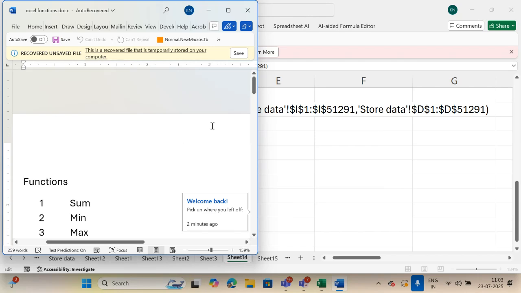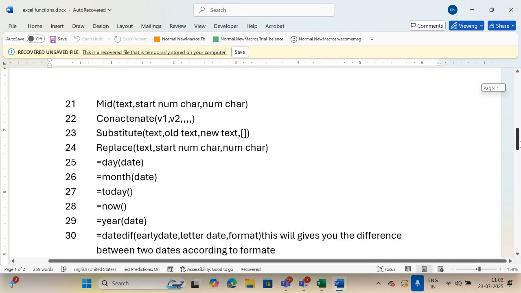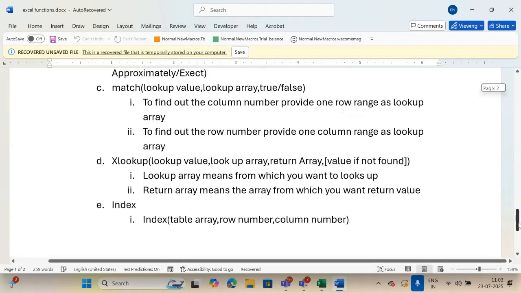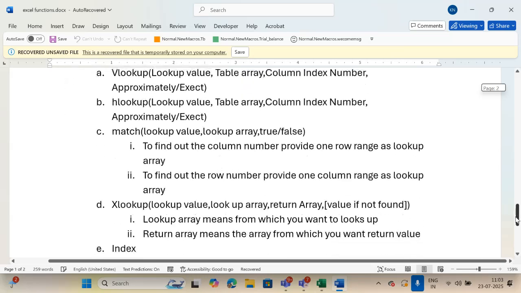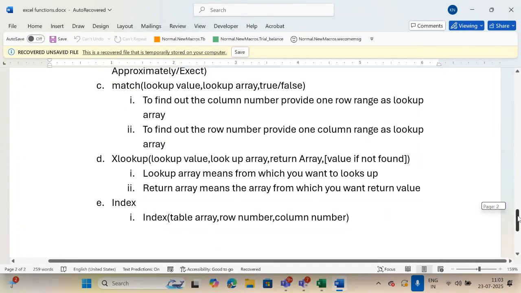See, these are the functions we completed to date. You can check, and I'll definitely send you these functions also, because we completed these during the sessions. Yesterday we completed VLOOKUP, HLOOKUP, MATCH, then XLOOKUP and then INDEX. INDEX was the last function. If any query is there, I'll resolve it.